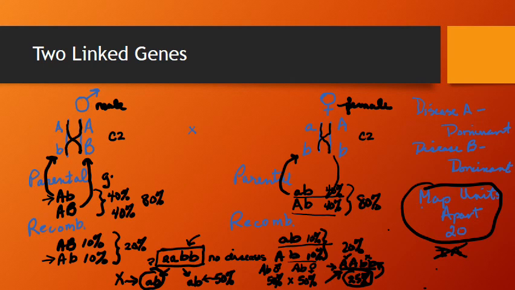Just write out the parental and the recombinant gametes, figure out the chances that you're going to get these gametes in both the male and the female, and then ask yourself, how often are you going to get the correct gametes to get a certain genotype, such as AABB, or the homozygous recessive, or the homozygous dominant A and homozygous recessive b.